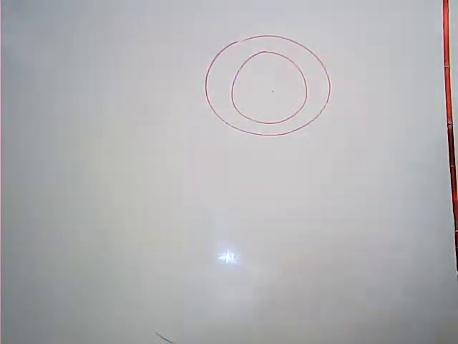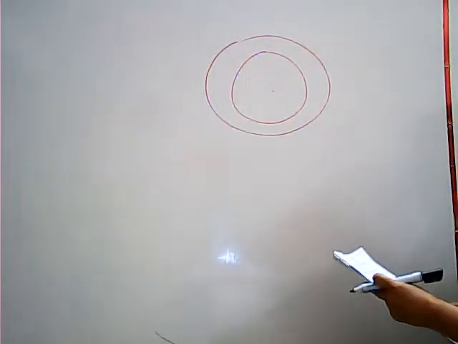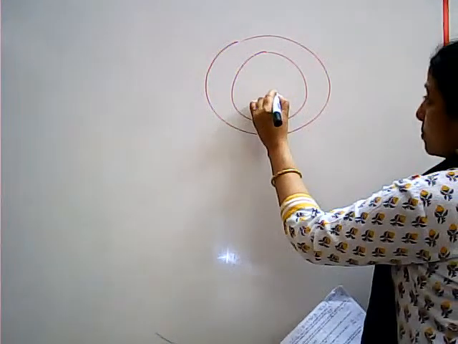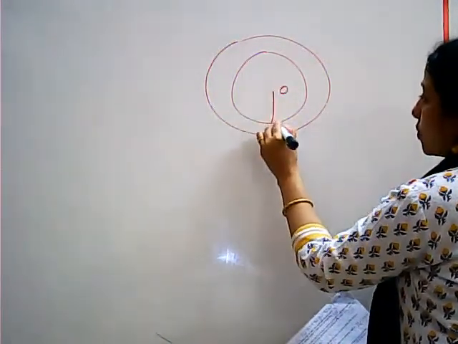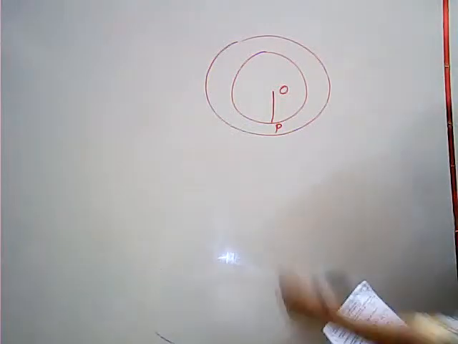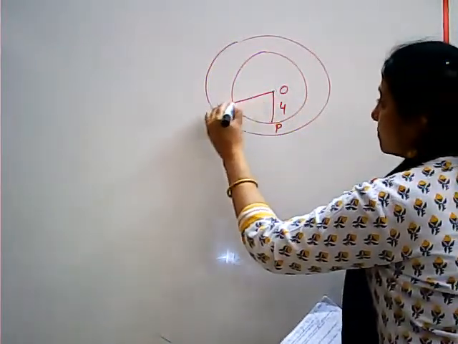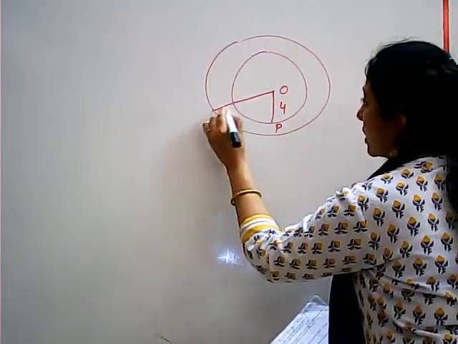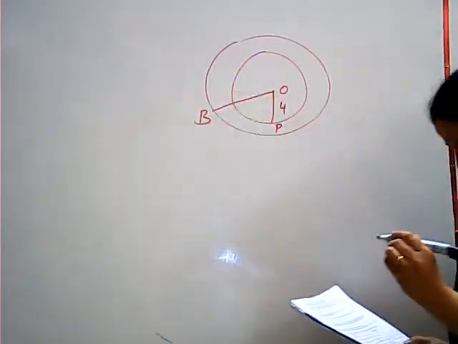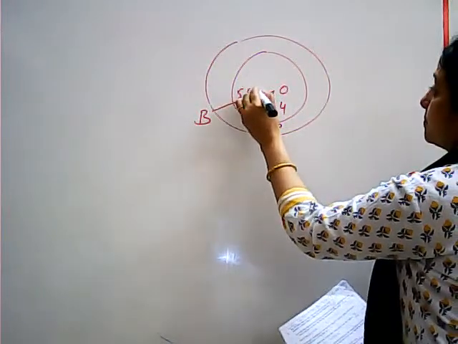Center is same, that is a concentric circle. Okay. O is the center of the circle. So this is the perpendicular OP, that is given 4 centimeter. Okay. So OB, this is your 5 centimeter.